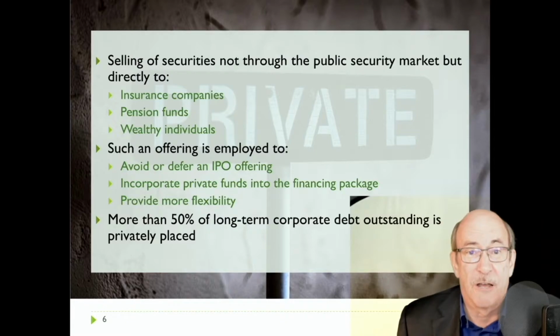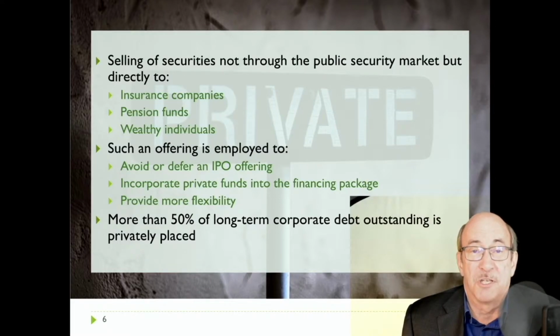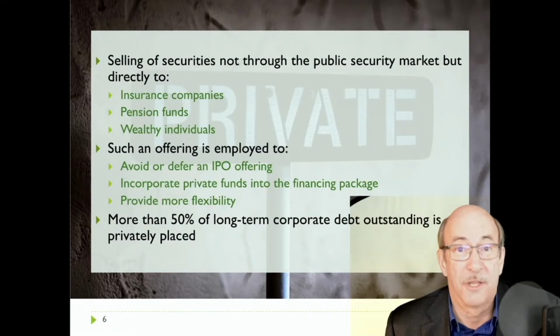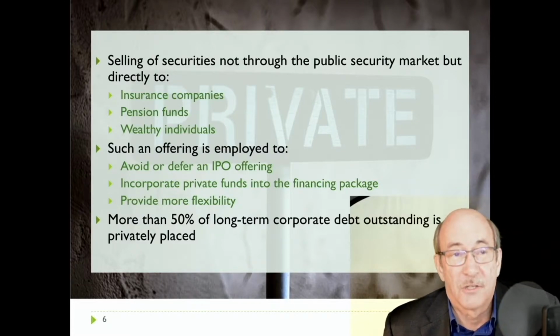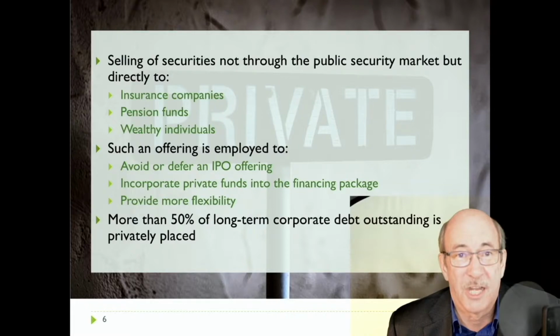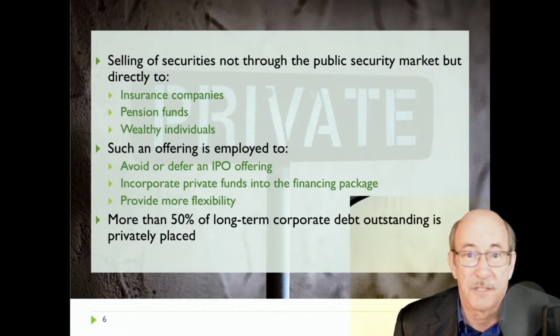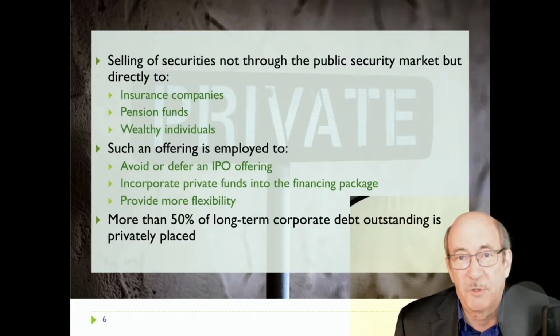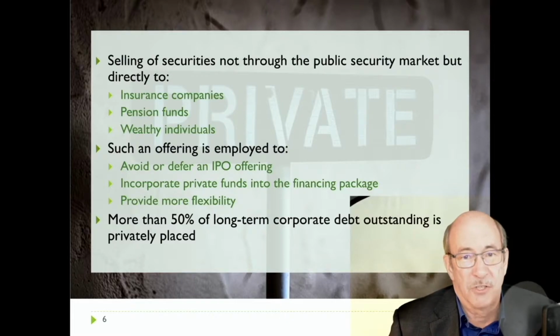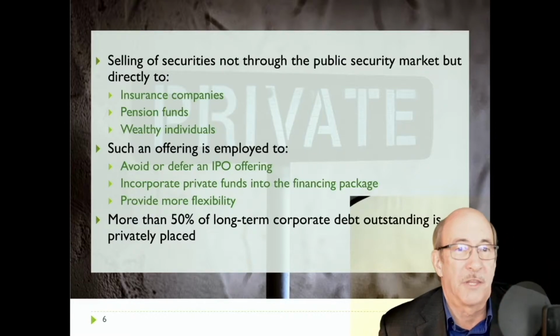So let's start off with the idea of a private placement. Private placements are not very different than public placements, other than the fact that the parties buying the securities are typically financially sophisticated individuals and almost always financial institutions. The other key difference between a private placement of a security and a public issuance of a security relates to the regulation required by the SEC.